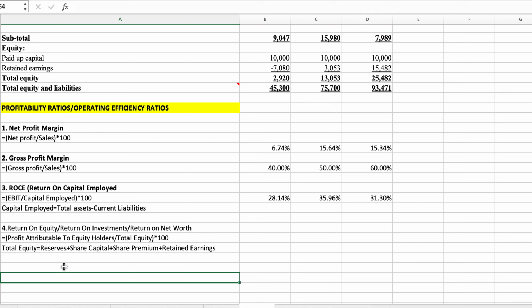That's the formula for calculating total equity.